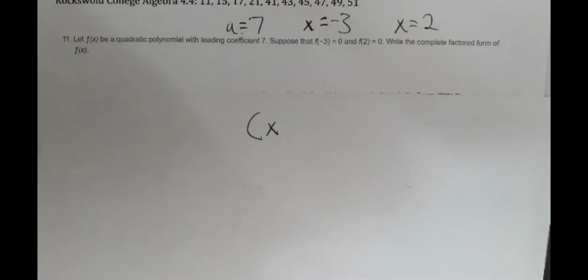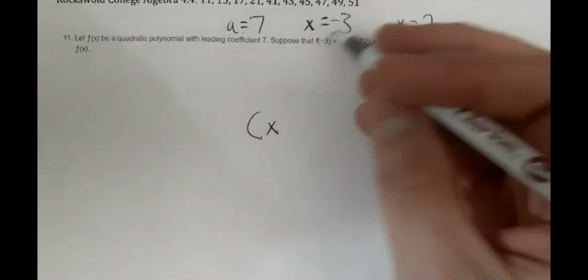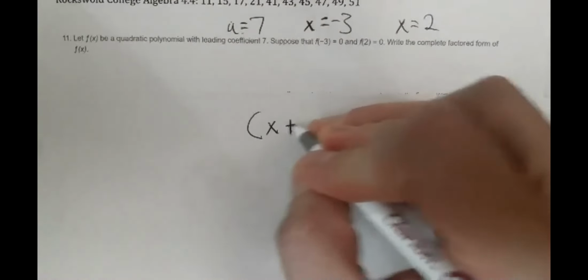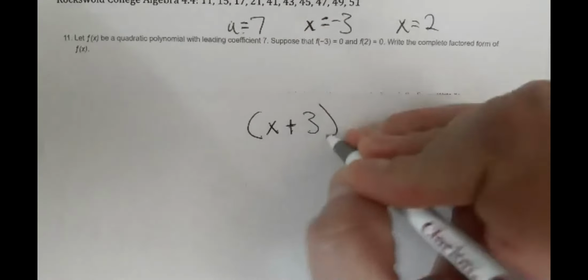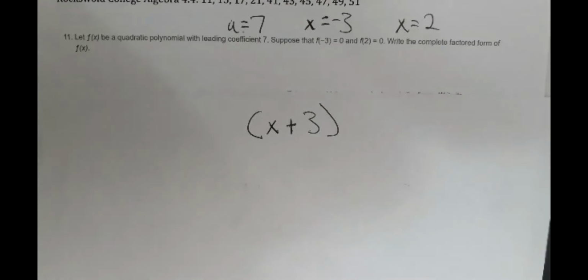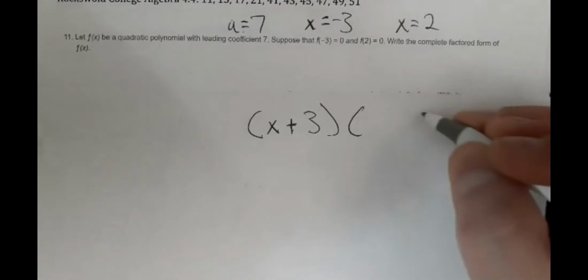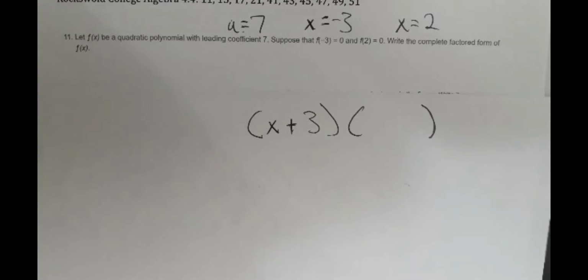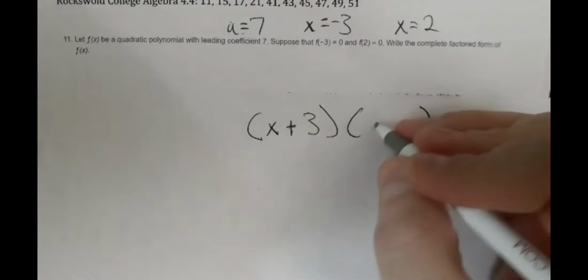It would be a +3. It should change. So this is x equals k, and this should be x minus k, the opposite sign here. Same thing. Okay. So this should be x minus 2.